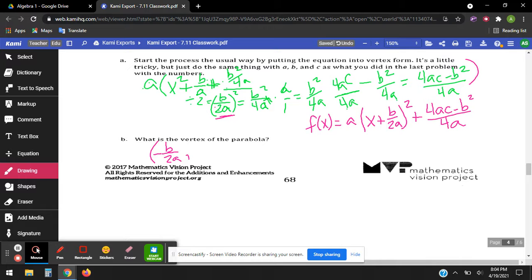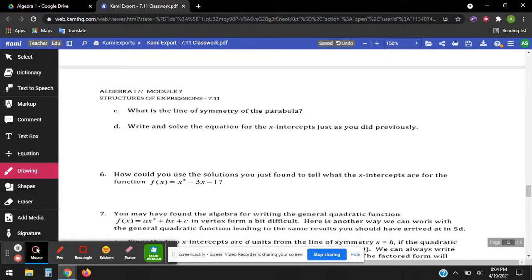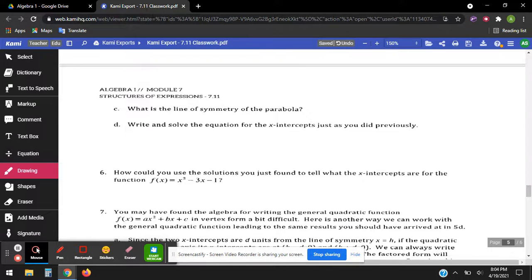And then my k is 4ac minus b squared over 4a. So I have my h and k from here. Hopefully you're following along with all this. So my line of symmetry is x equals h. And so in this case, the h was negative b over 2a, right?